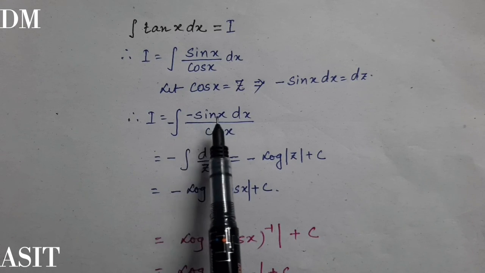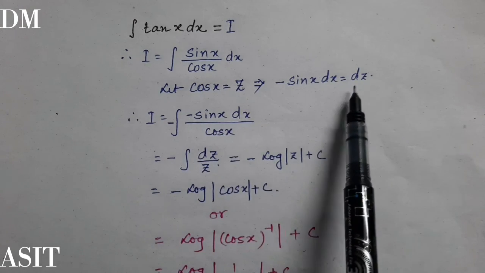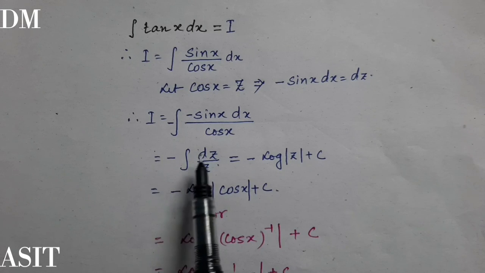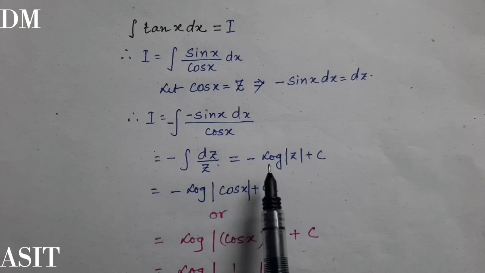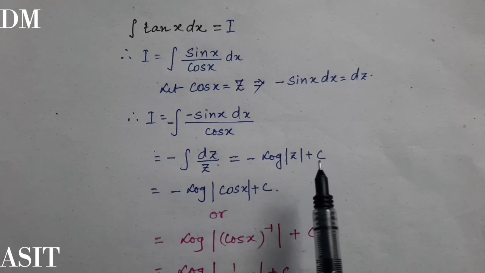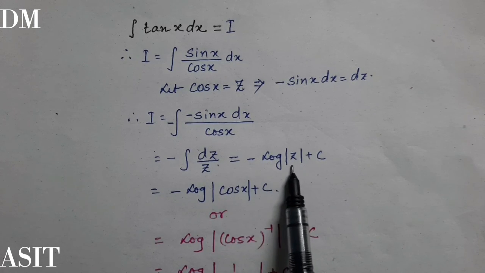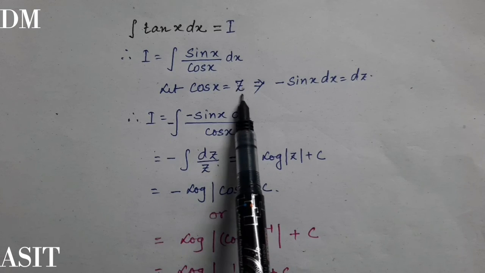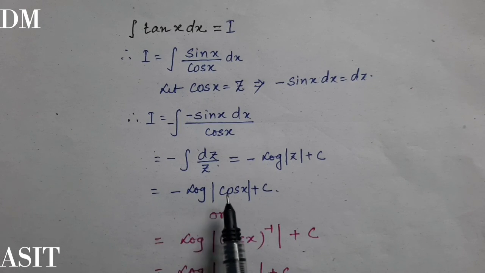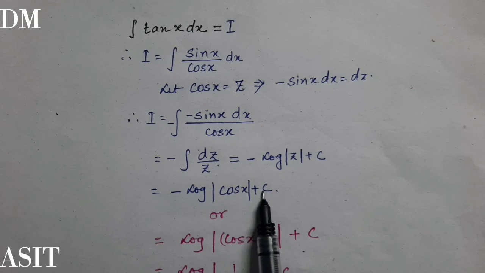Now this minus sin x dx will be dz. So we can write this as minus dz by z, which equals minus log mod z plus c. Now we will replace the value of z. The value of z is cos x, so it will be minus log mod cos x plus c.